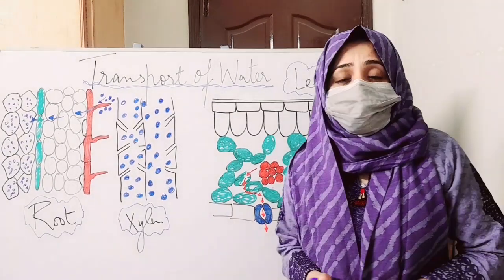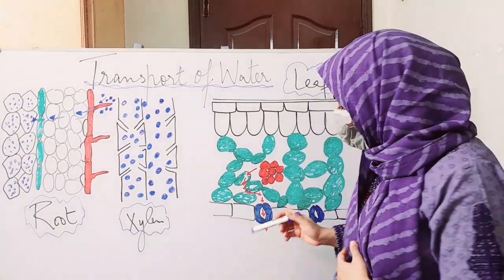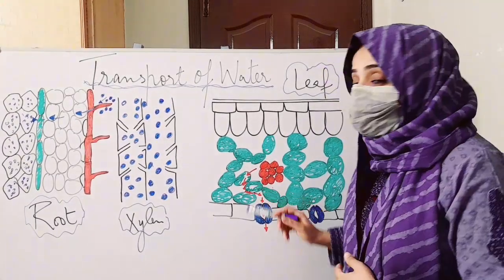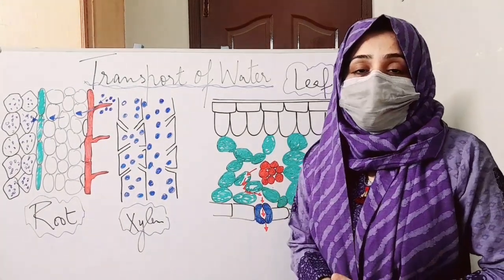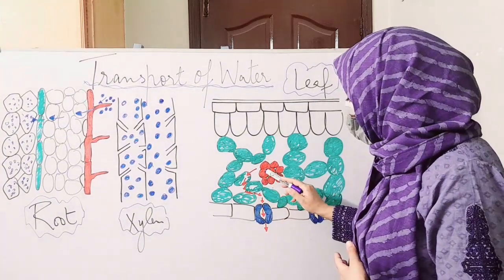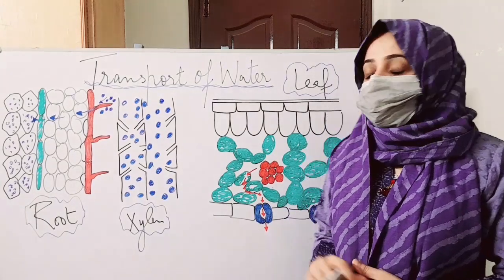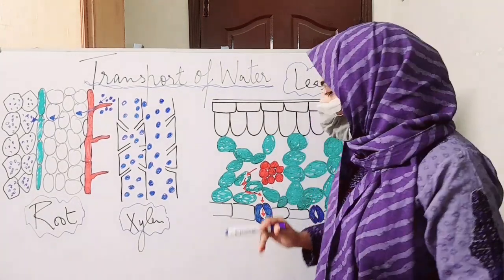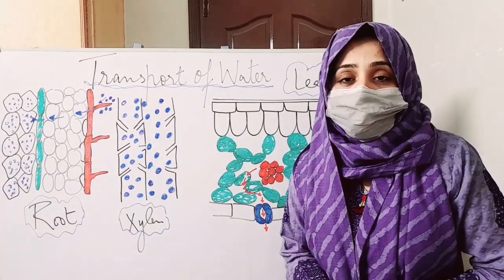And as we know, mainly transpiration is stomatal transpiration. So after the transpiration, the water content of the mesophyll cell has decreased. So in order to increase its water content, the mesophyll cell draws water from the xylem tissue. When the water is drawn from the xylem tissue, it creates a pressure difference between the xylem tissue of the leaf and the xylem tissue of the stem.